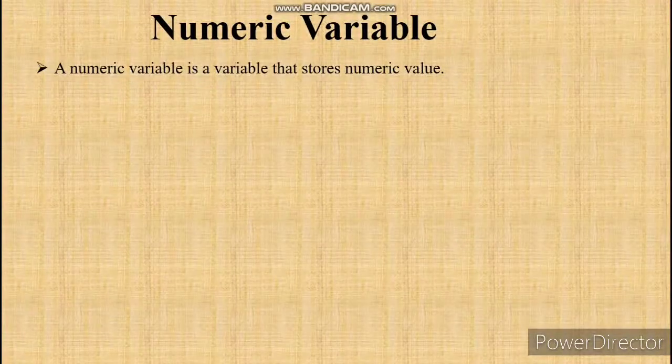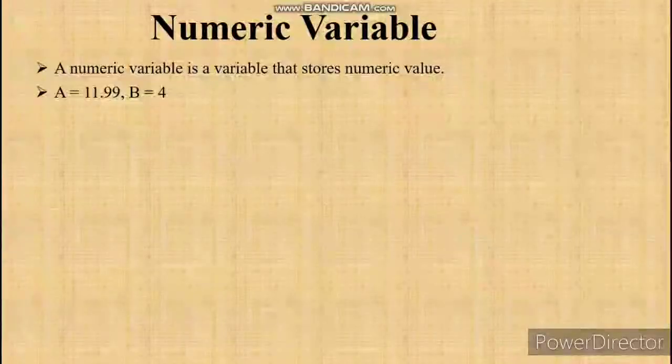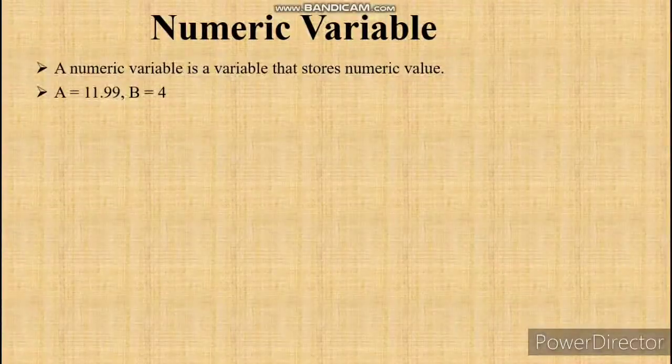Right? So a numeric variable is a variable which stores numeric data. For example, A is equal to 11.99, B is equal to 4, etc. Here A and B are numeric variables because both store numeric values.